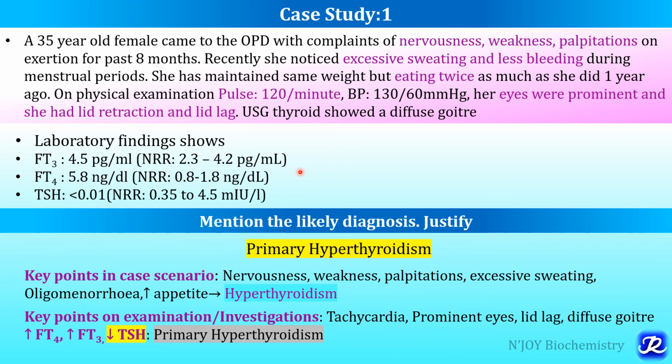On laboratory investigation, we can see that free T4 level is increased, it is 5.8 nanogram per deciliter, and free T3 is also on the slightly higher side, and TSH is very much decreased here. So decreased TSH, increased T4 and T3, it is indicative of primary hyperthyroidism. So that's why the diagnosis is primary hyperthyroidism, and to justify this we have to write the key points in case scenario and key points on examination and investigation.